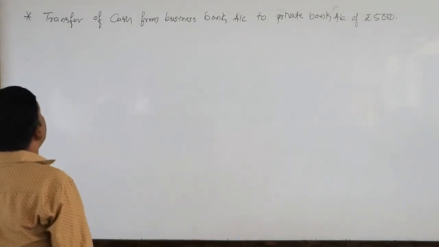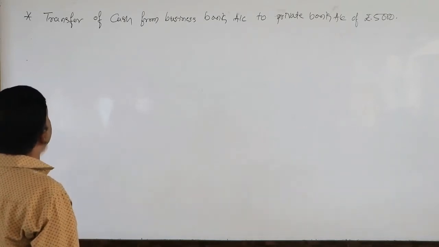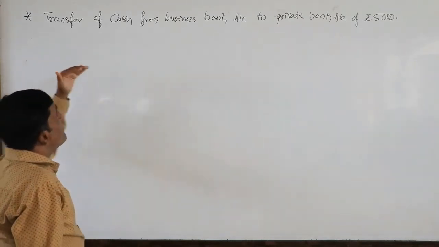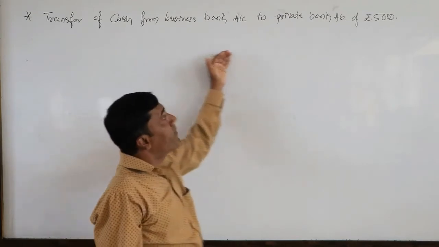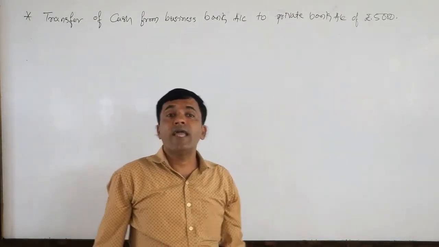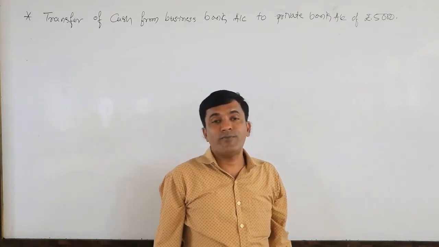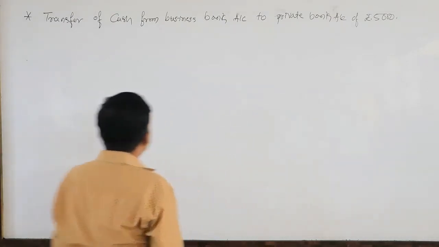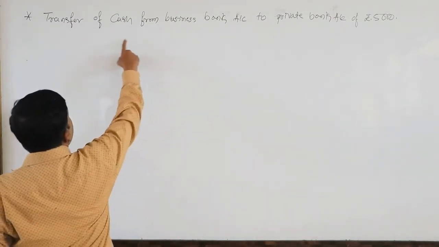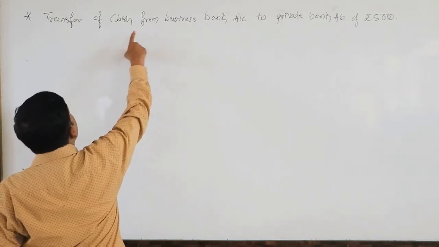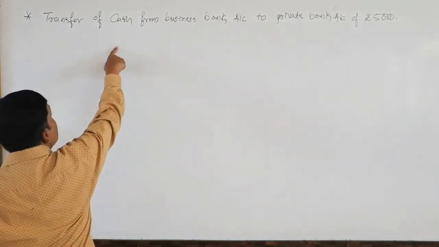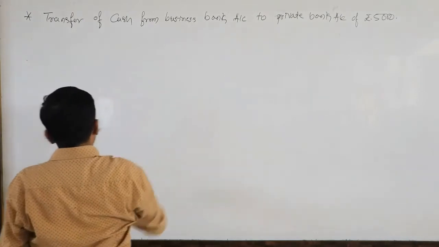Here in this rough book entry, the owner has transferred the money from business bank account to private bank account, means he has made the drawings from the business. So here he is transferring the cash of business to his private bank account.